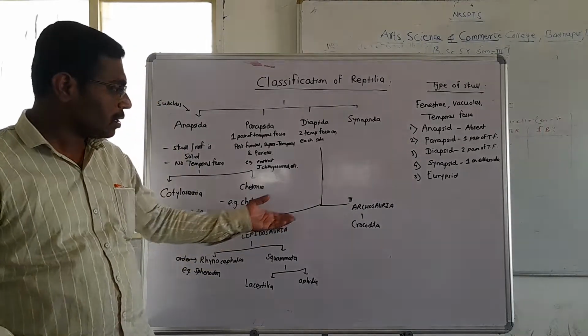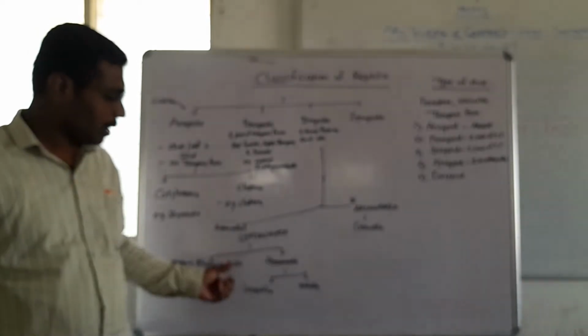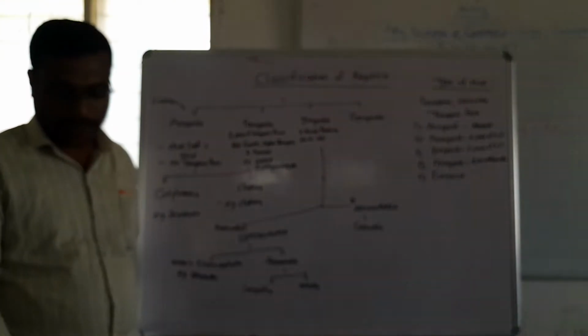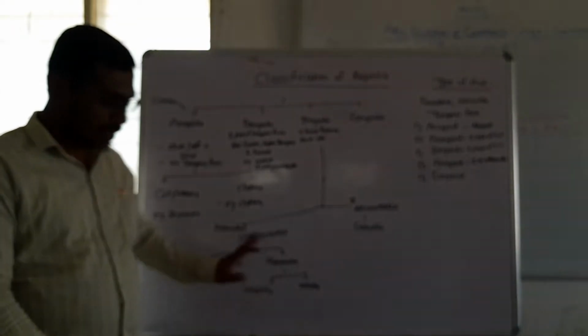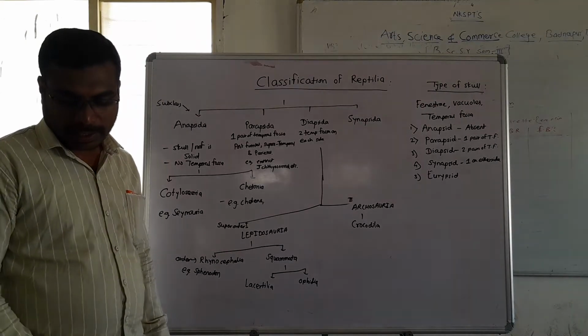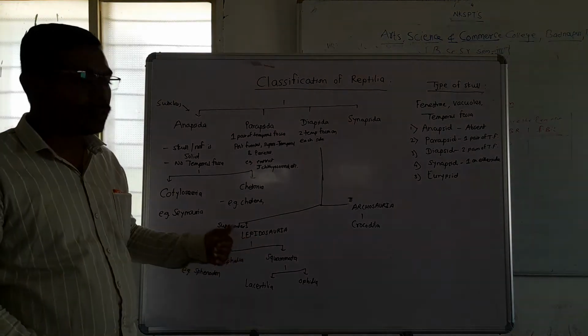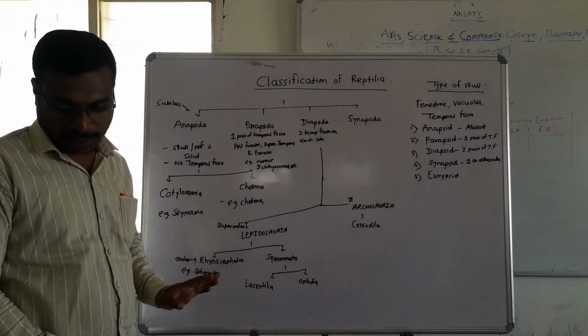The next order, the second, is Squamata. It is the most studied or familiar order to human beings. Squamata includes body covered with horny epidermal scales. They have a single temporal vacuity present in lizards, and in snakes the vacuity is absent.